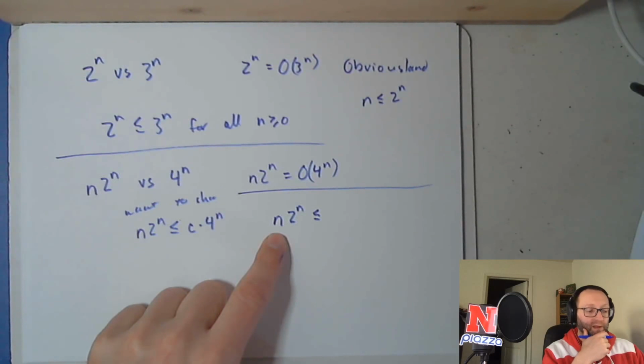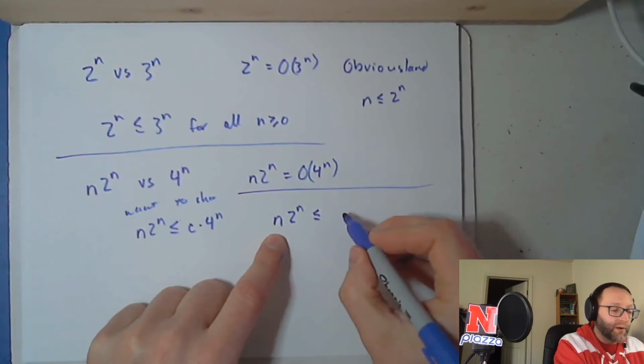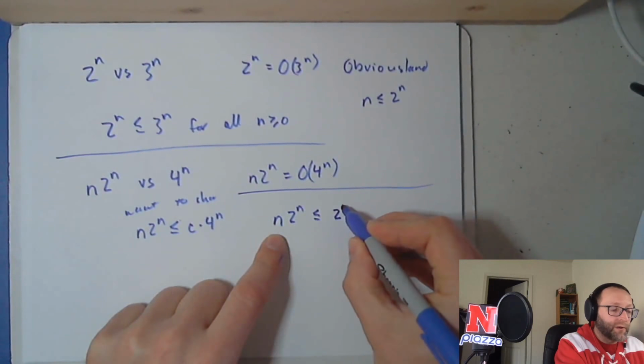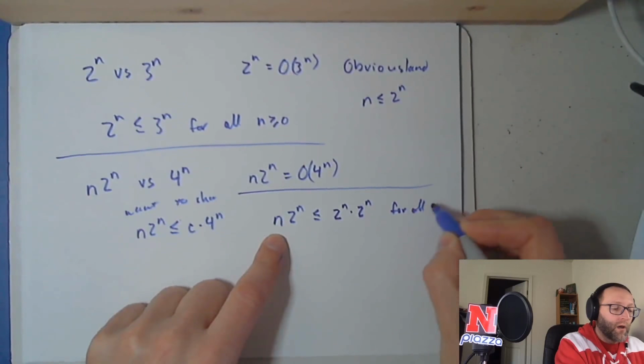Hopefully that's obvious, and therefore I can change the first term here to 2^n. This is less than or equal to 2^n times 2^n for all n greater than or equal to 0.